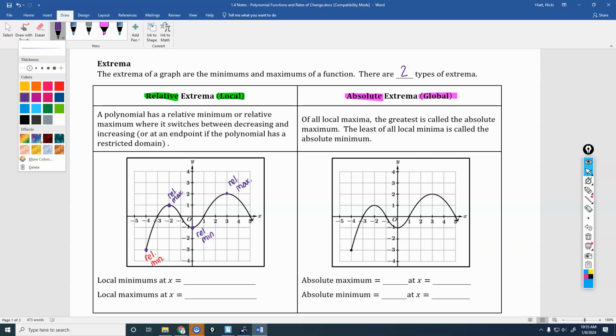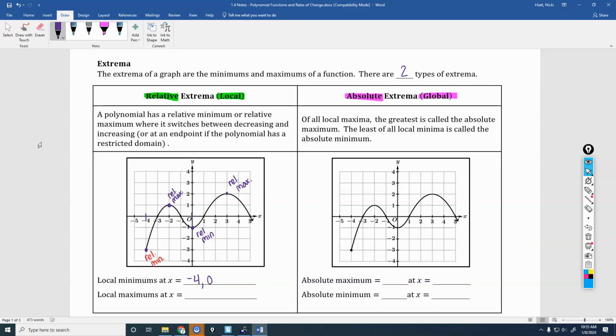So whenever you report these, your local maximums or minimums, notice it says local minimums at x equals, so you're only giving your x coordinate for this. So your local minimums are at x equals -4 and at 0. Okay, good. Because at this point we're looking at the x values of those points.